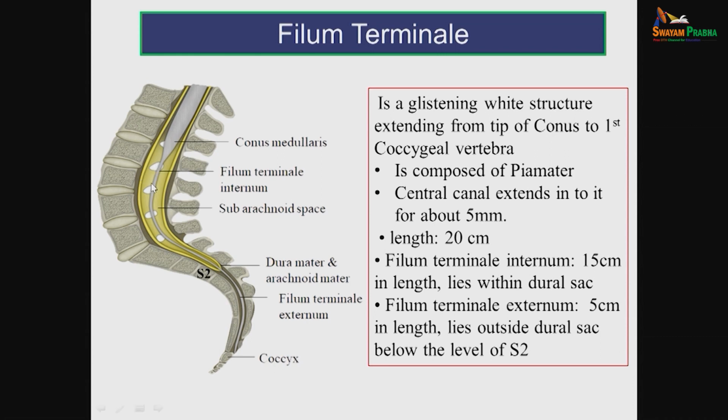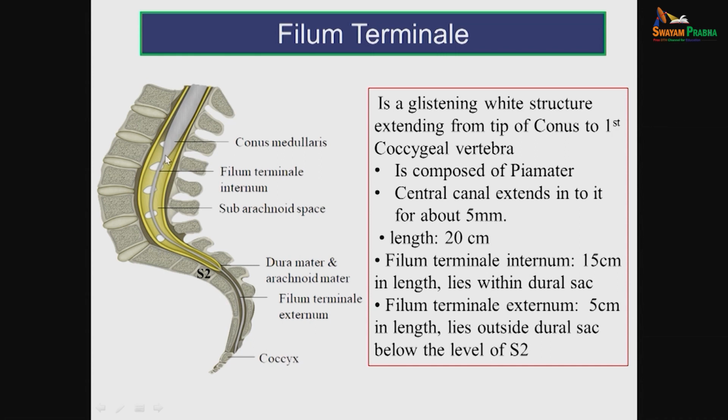You can see in this picture, it is extending from the tip of the conus medullaris to the dorsal surface of the first coccygeal vertebra. It is composed of pia mater.